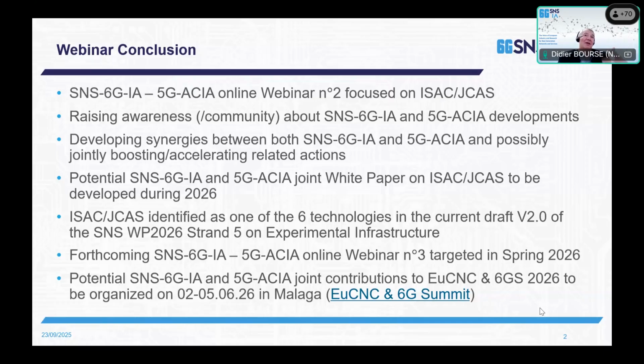Just to mention that ISAC JCAS is one of the 6 technologies that is identified. So just to raise this, we have time. If confirmed, and when it is launched, with a deadline in April 26, there may also be an opportunity to further explore ISAC in the context of the work program 2026.